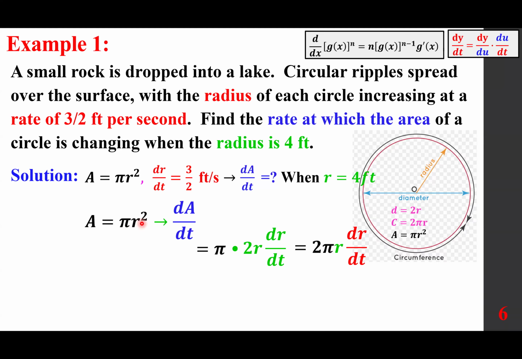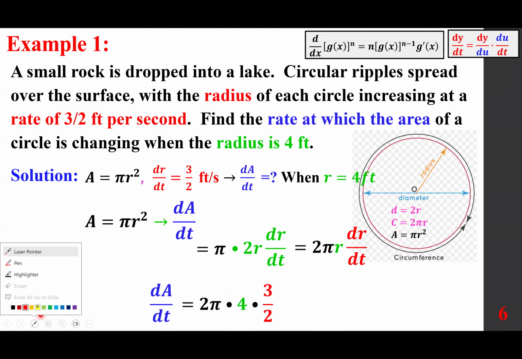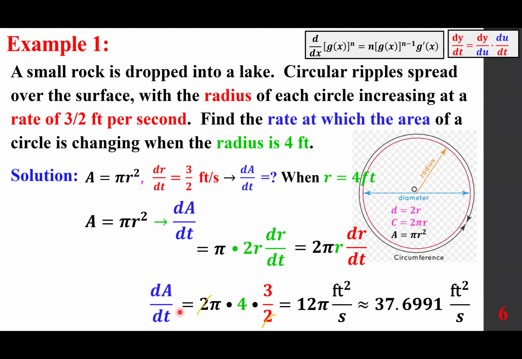So replace the r with 4 feet, dr/dt with 3/2 feet per second, and we end up with 12 pi precisely, units of area, square feet, per unit of time, second. So 12 pi square feet per second.